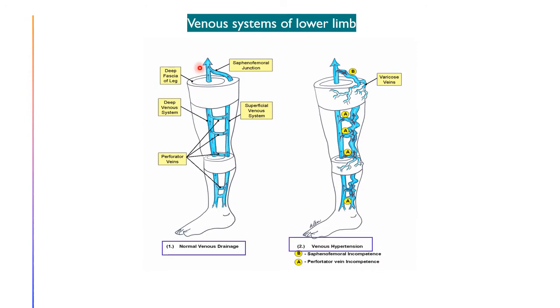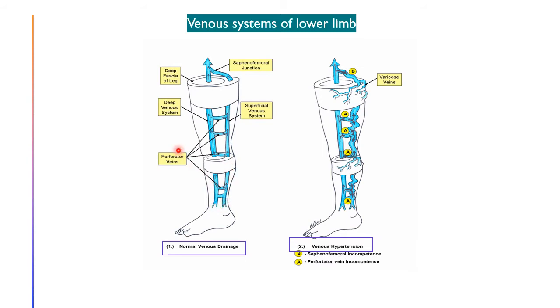This slide here shows you the deep and superficial systems of the leg. This is the deep system which pumps the blood upwards towards the heart, and the superficial system also drains the blood to the deep system at the saphenofemoral junction, as well as at perforator veins connecting to the deep veins in the lower part of the thigh, below the knee and above the ankle.